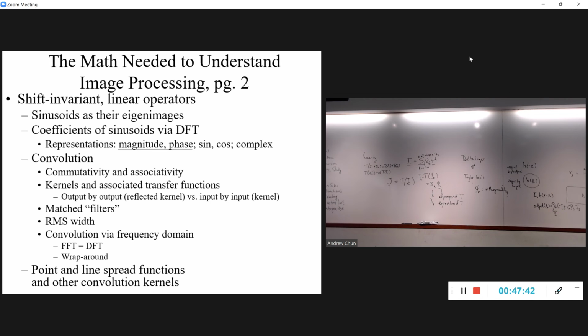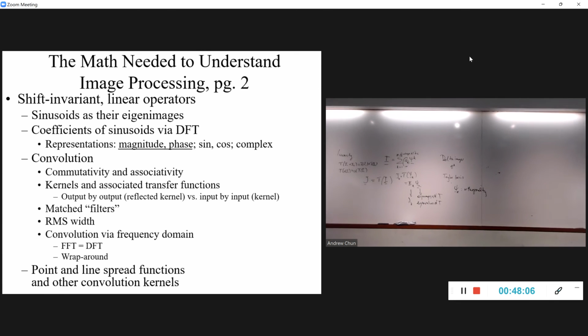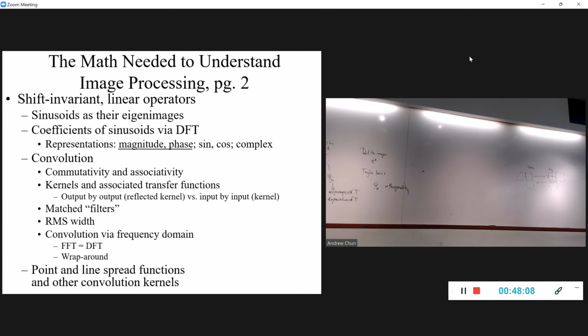We saw that match filtering was an interesting way to detect particular patterns in the image. The idea being, if you want to optimally get a response to a particular pattern in the image, you use that pattern as a convolution kernel.